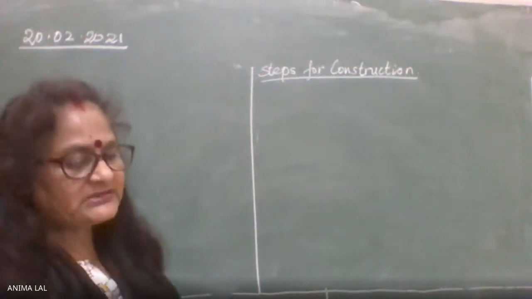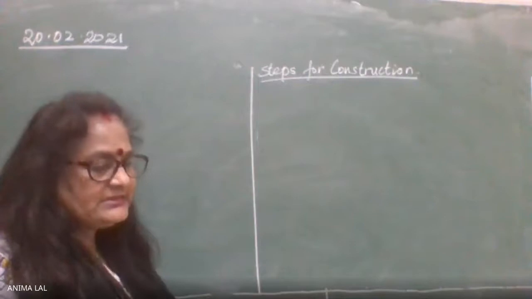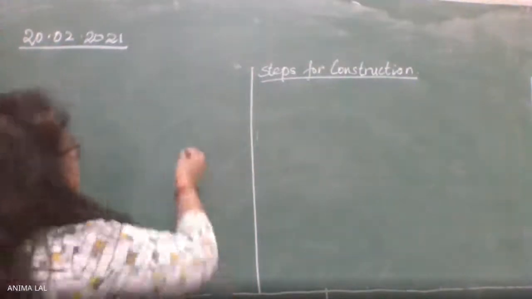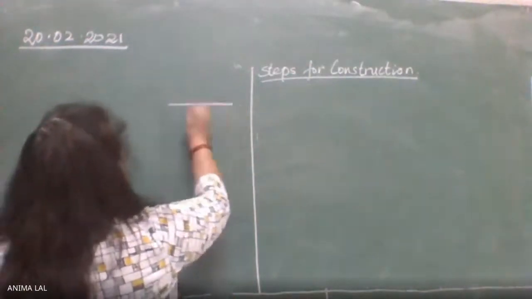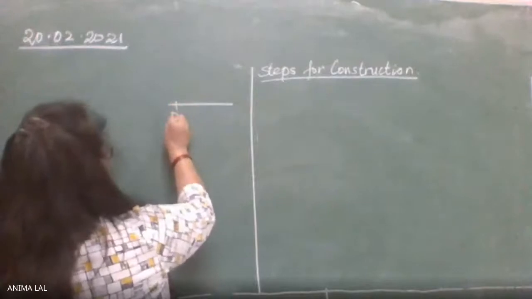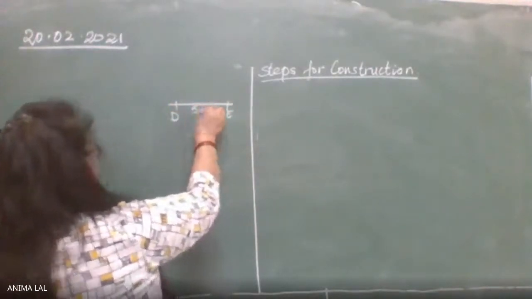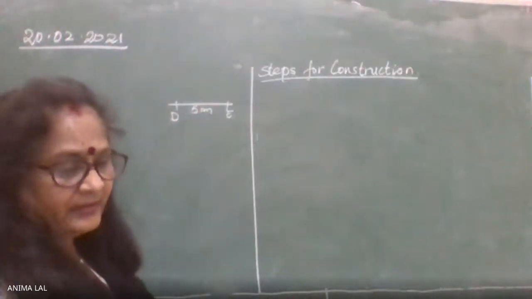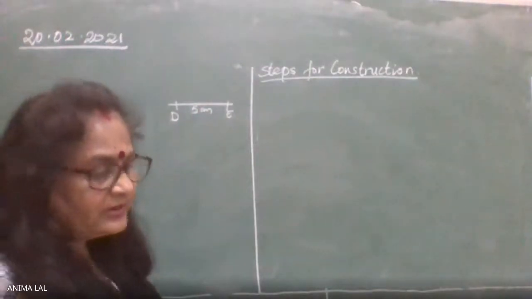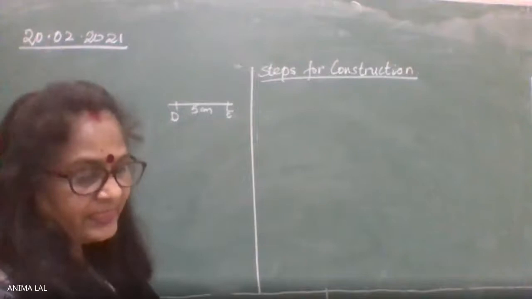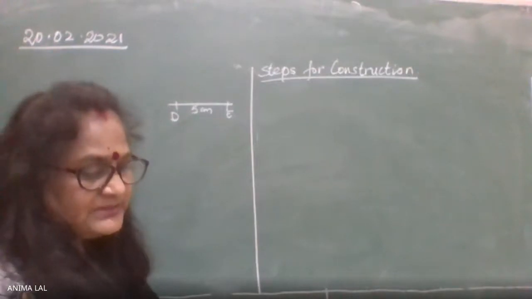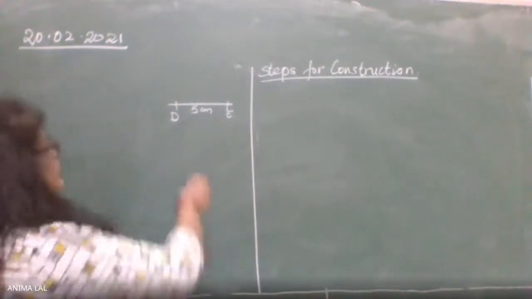Question is there in the textbook. Construct triangle DEF such that DE is 5 centimeter. So we are drawing the rough sketch right now. DE is 5 centimeter and measure of DF is 3 centimeter and measure of angle D is 90 degree.